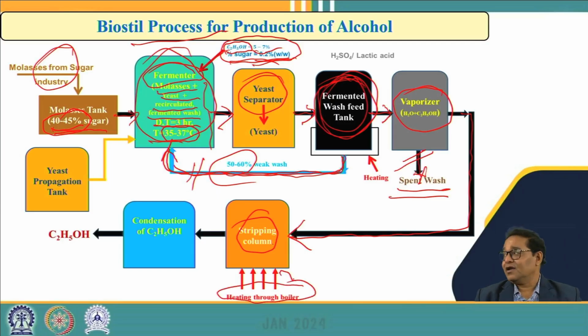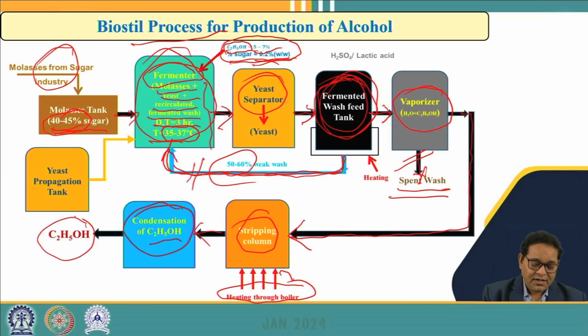In this column it is further heated, and whatever moisture is vaporized, and the rest of the vapors, are then taken to another column, the condensation column. Here the temperature is reduced, so this is converted into liquid form, and that is called rectified spirit, which has 100% alcohol.